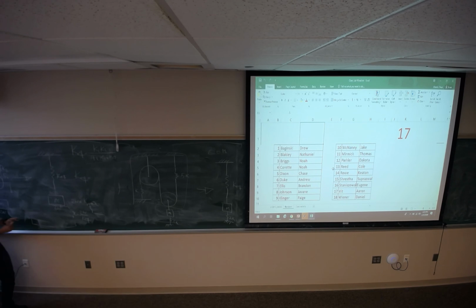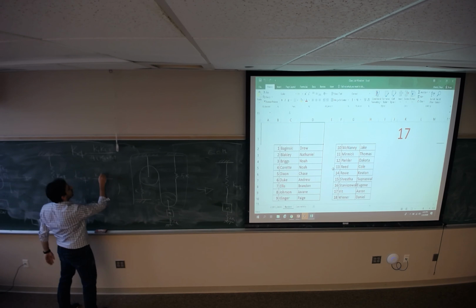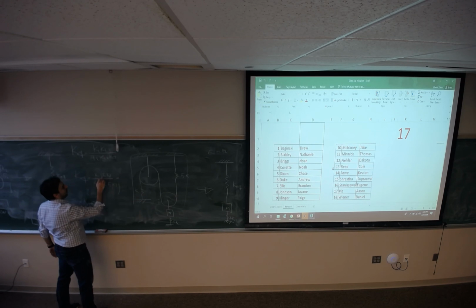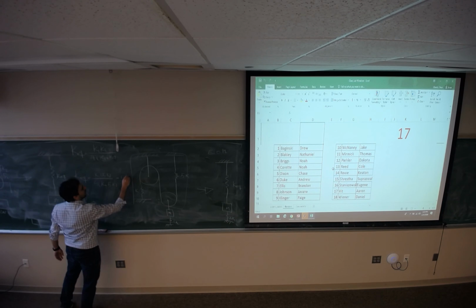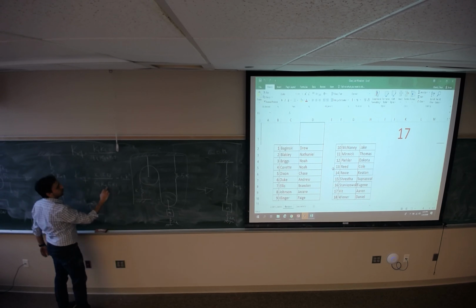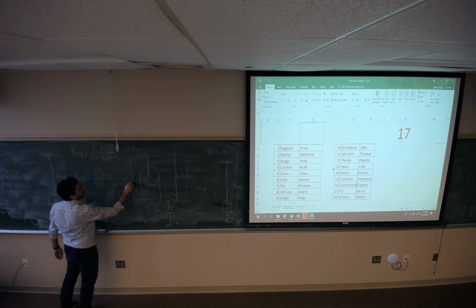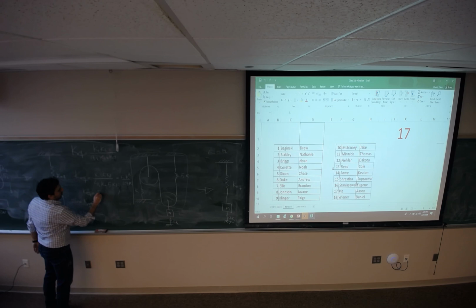So K equivalent would be K1, which is K, times K2, which is 5K, divided by 4 times K plus 5K. 5K squared divided by 5K plus K, 6K, 24K. K can be cancelled out. K equivalent would be 5K divided by 24.